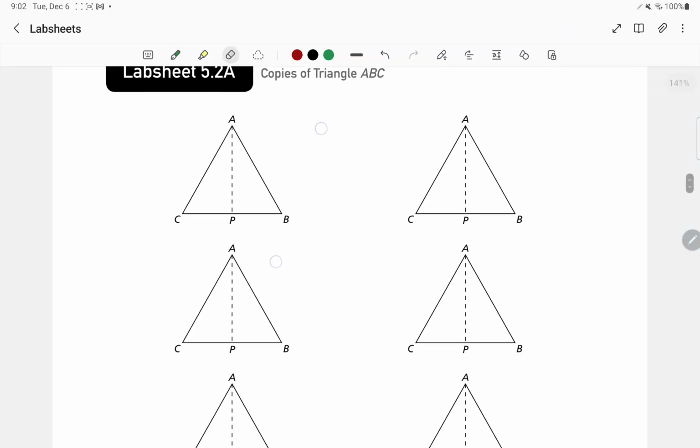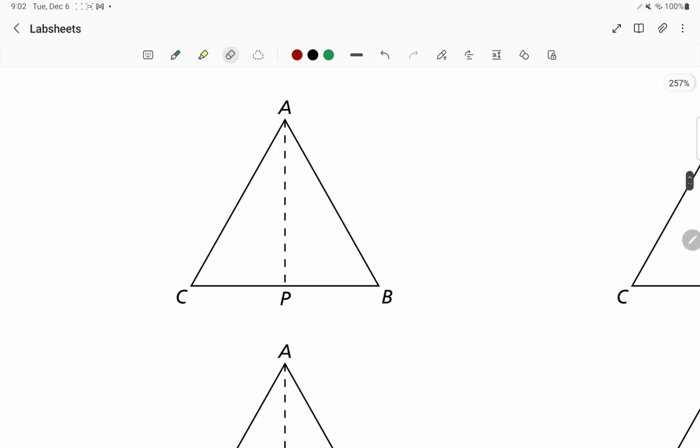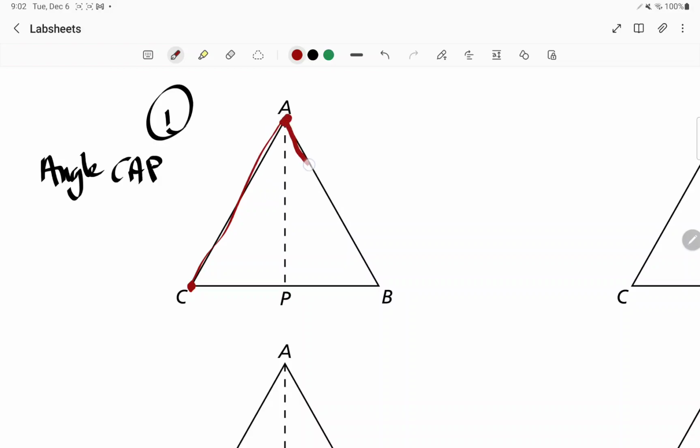Here's our lab sheet. And on number 1, we're going to do part A. And we're looking for angle CAP. So angle CAP, let's go ahead and put that there. Now, angle CAP, to figure out what angle that is, we just go from C to A to P. And the angle is that middle letter, so this is the angle right there that we're looking at.